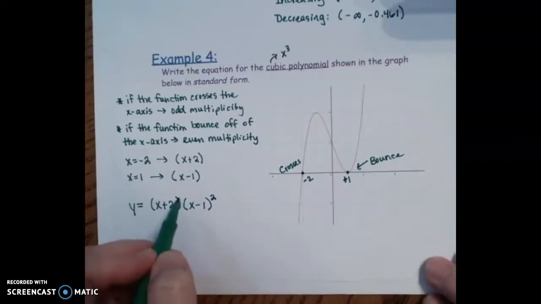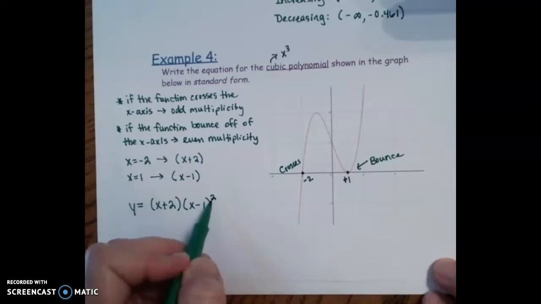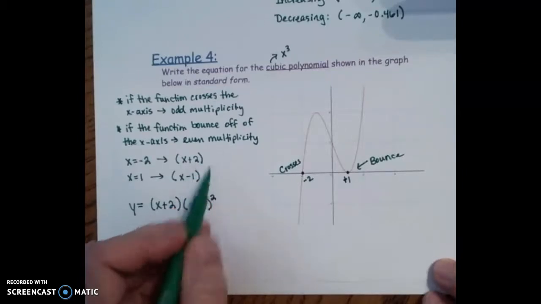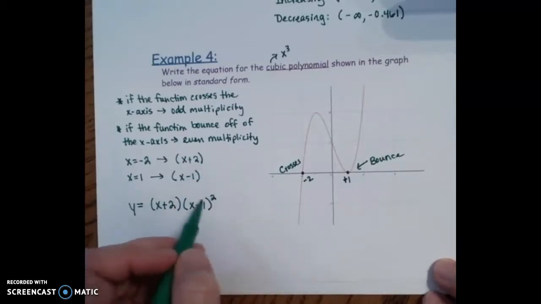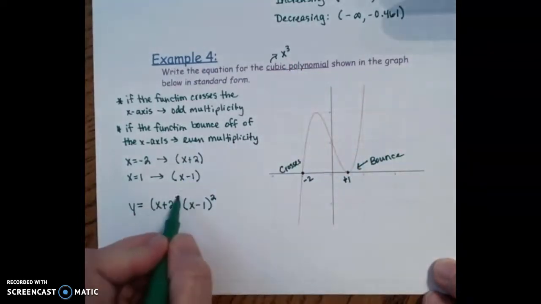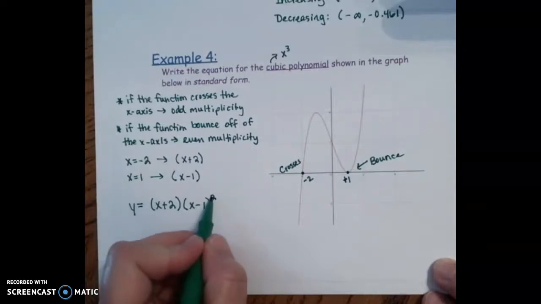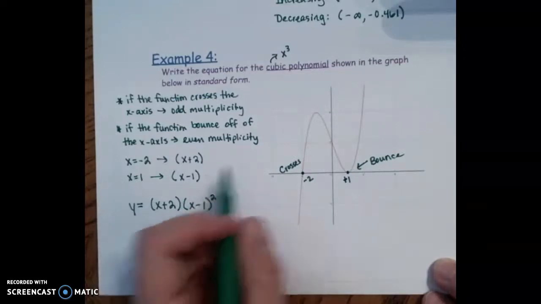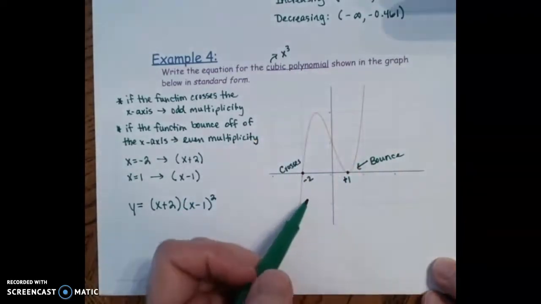Now I could make this be the third power, that would still be odd multiplicity. I could make this be the fourth power because that would be even multiplicity. But overall, I've got to have a cubic function. So I know this is x to the first and this is x squared, and if I add those exponents, that's going to give me a cubic function.